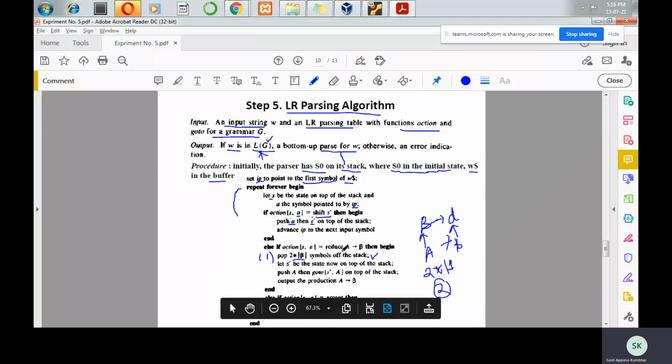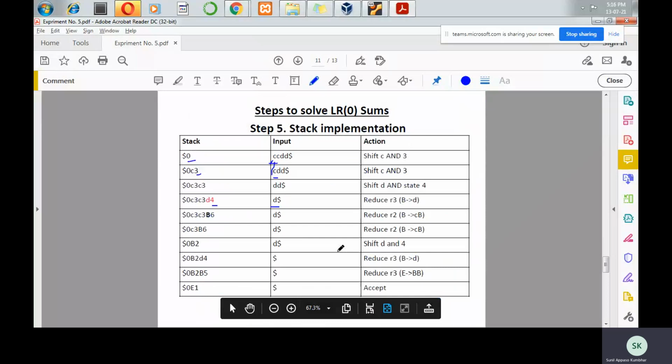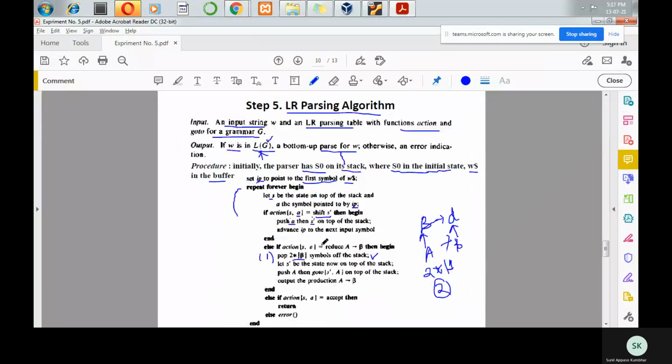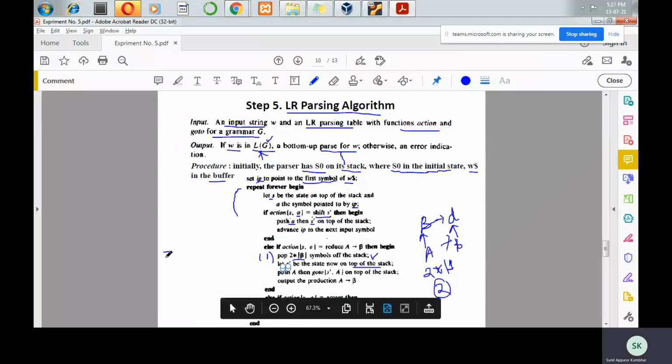See here, these 2 symbols are popped. In the next state, which state remains after popping these 2 symbols? 3, right? So if S dash is the state now on the top of the stack, the top of the stack is 3. Then push A. Now what is A? A is nothing but B. So B is pushed onto the stack.